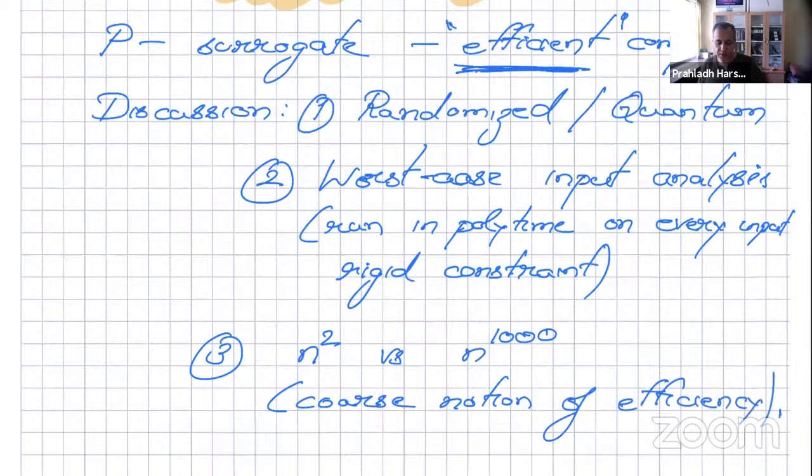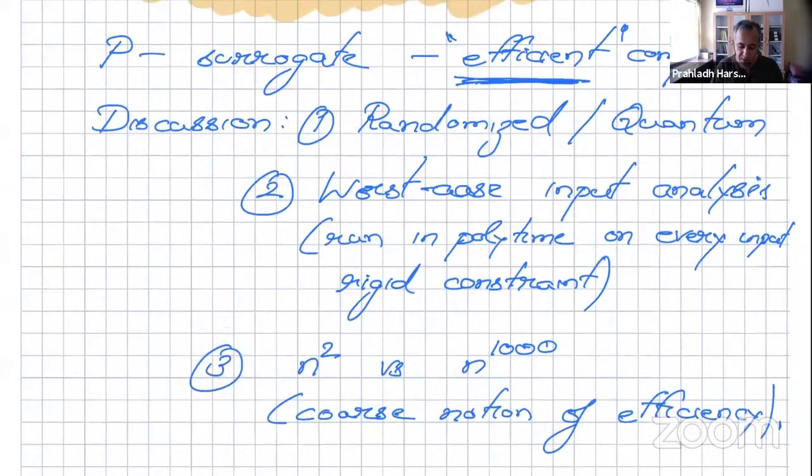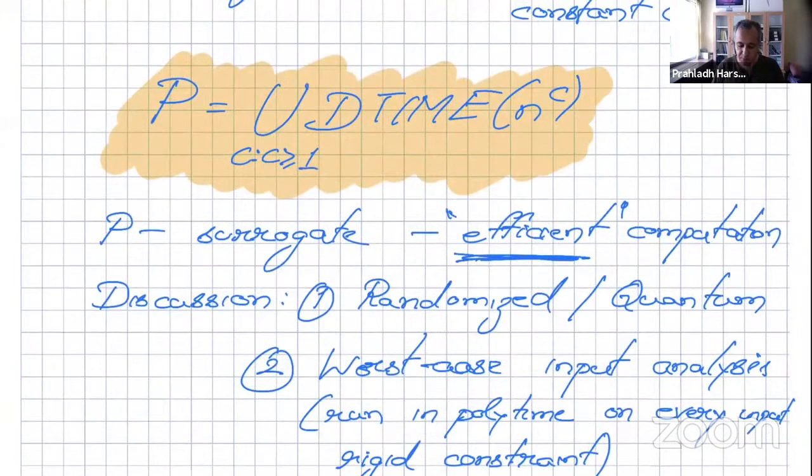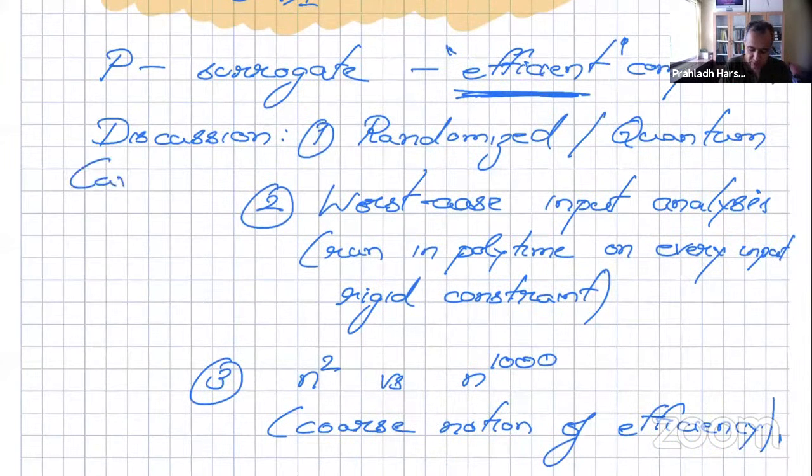Okay. So these are points to be noted: when we say P is a surrogate for efficient computation, it comes with these caveats. But we will live with this. In spite of these caveats, why do we work with it? We'll see later on as the course proceeds. This class has several nice features. It's not just that it captures efficient computation.